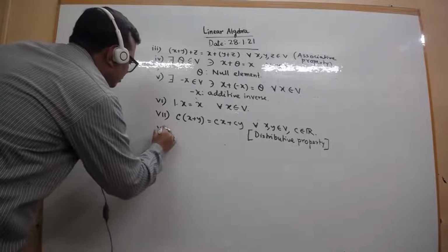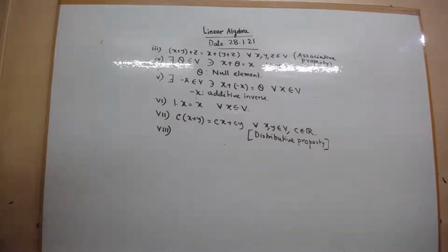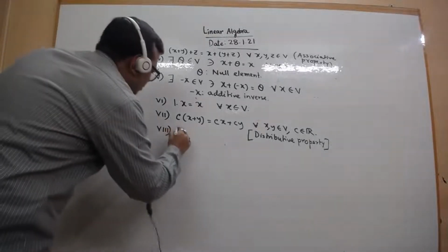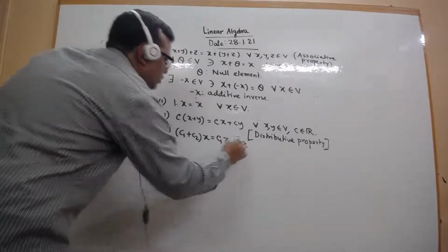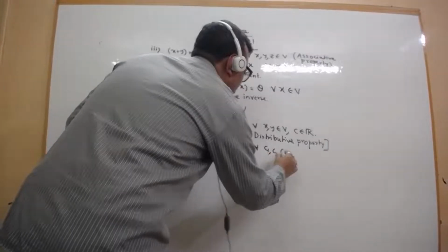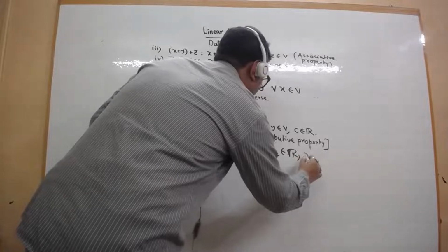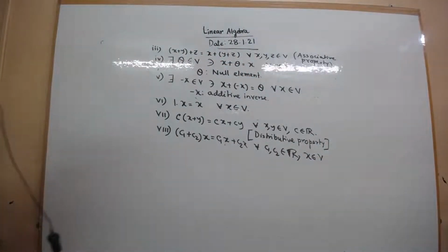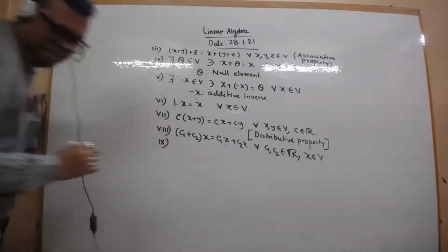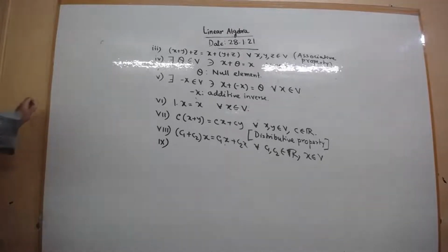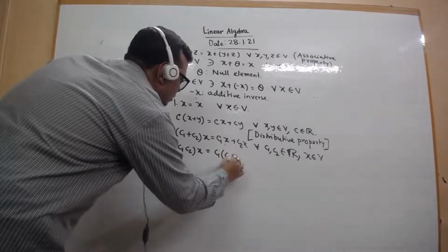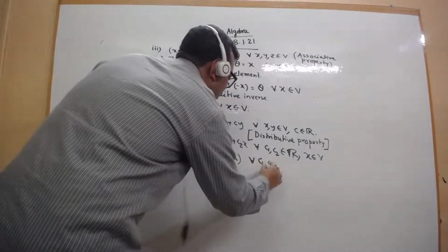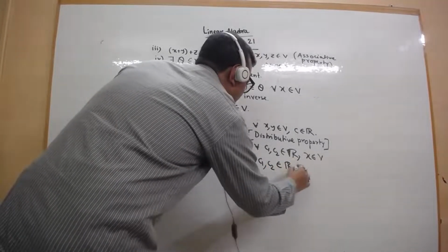Next point: (c1 plus c2)x equals c1 x plus c2 x for all c1, c2 belonging to R, x belonging to V. And (c1 c2)x equals c1(c2 x) for all c1, c2 belonging to R, x belonging to V.